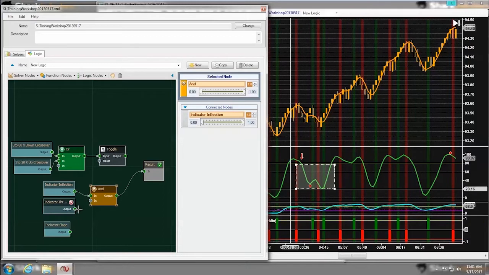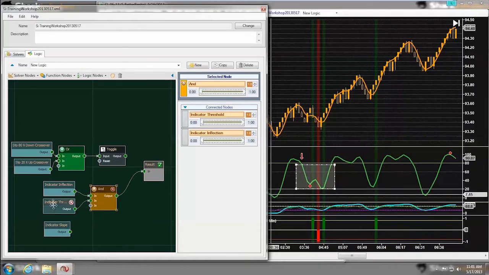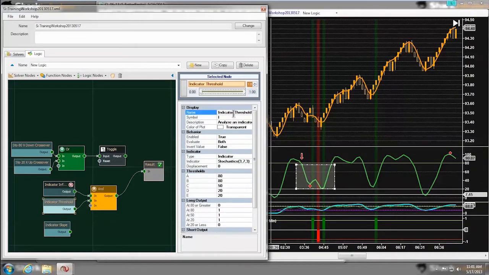And now if I connect up this threshold solver, we can see they're all restricted to between 80 and 20. So let me put a little description in here. So these are 20 to 80 stochastics.